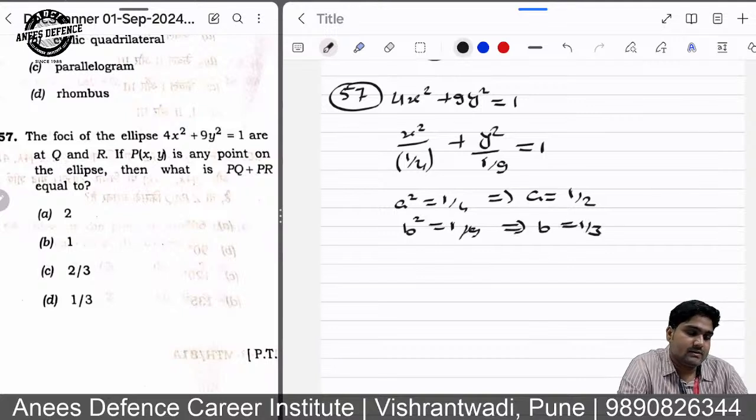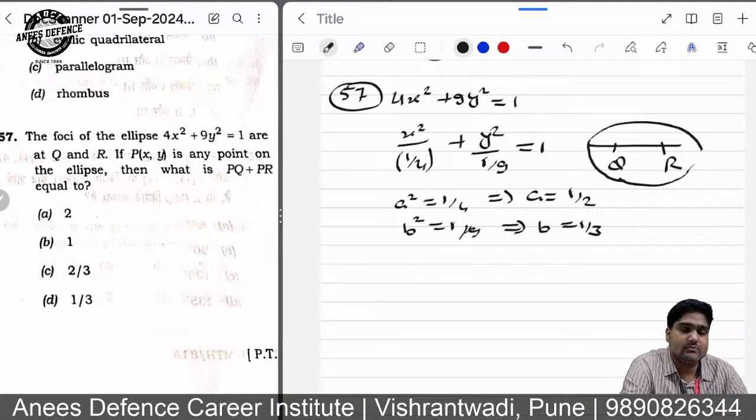Now we need to calculate the value of PQ + PR. Here Q and R are the foci of the ellipse, and P is a variable point which lies on the ellipse. So the sum of focal distances is equal to 2a. The sum of distances between the fixed points and the variable point is the length of the major axis.